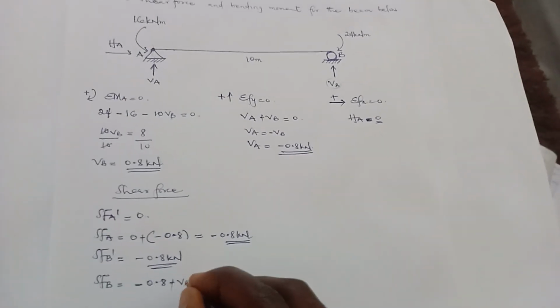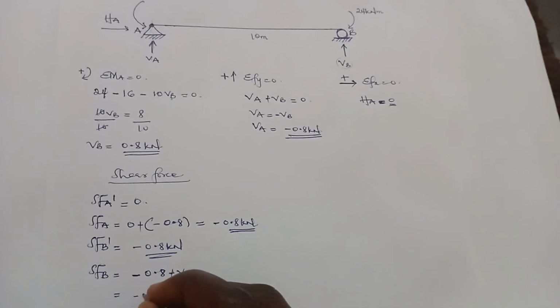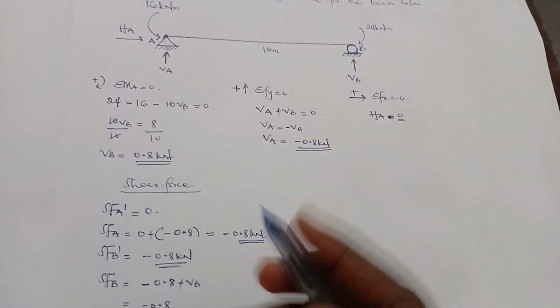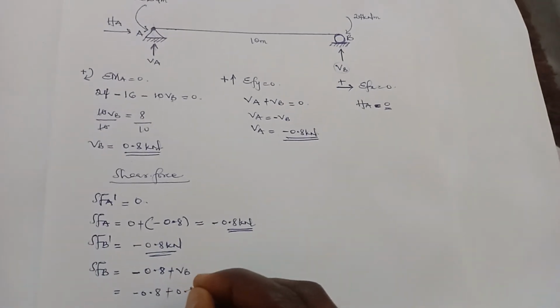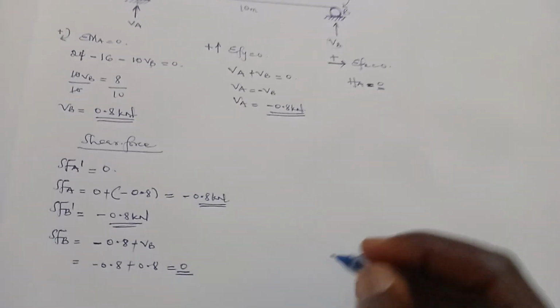We know that VB is 0.8, so it's going to be plus 0.8, and this will give me 0. So that's it for the calculation of the shear force.